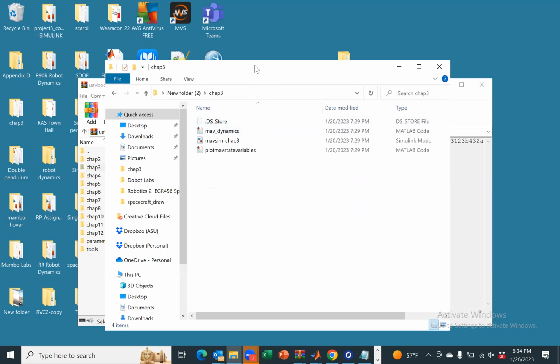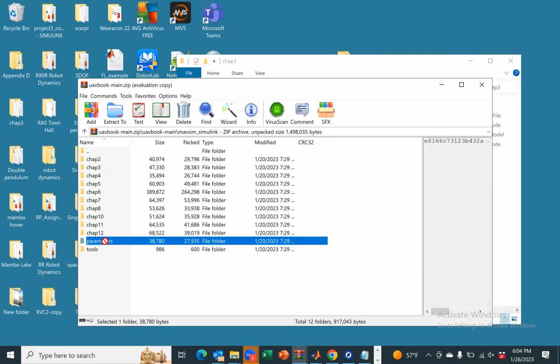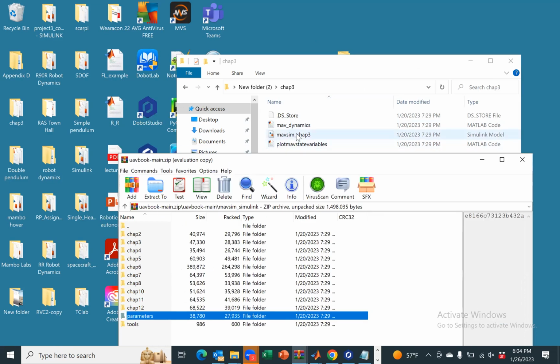Now it is important to note that for this code to run, you are going to need the files that you created as part of your previous project. So those files like draw aircraft and all those files need to be here. You will also need the parameters, because parameters are the UAV parameters that you are going to simulate.